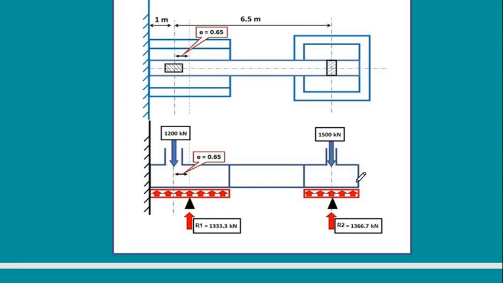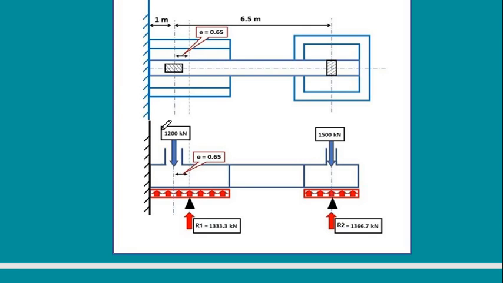So I need to design a beam carrying this load from top and this load from bottom and this concentrated load from the bottom. But usually when I have a foundation standing on the soil, is it a concentrated load or a distributed load? It is a distributed load. Why?